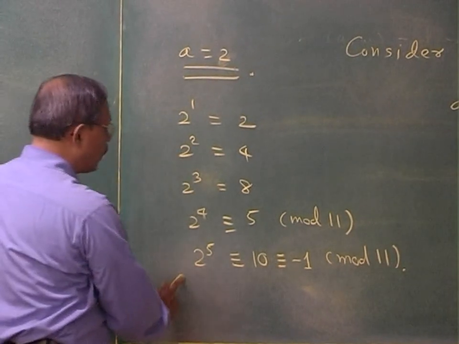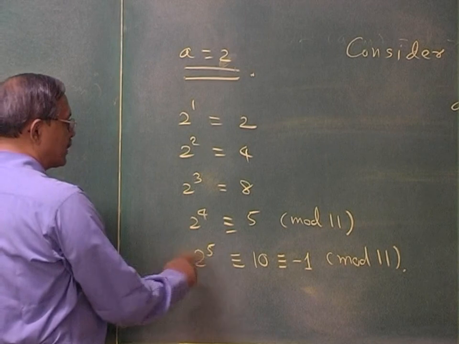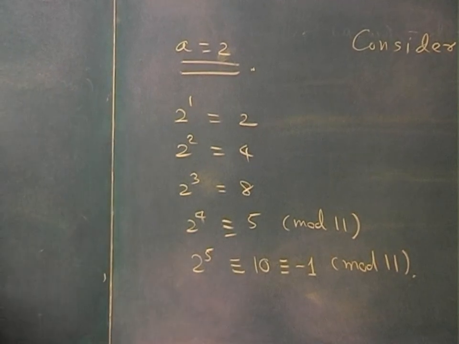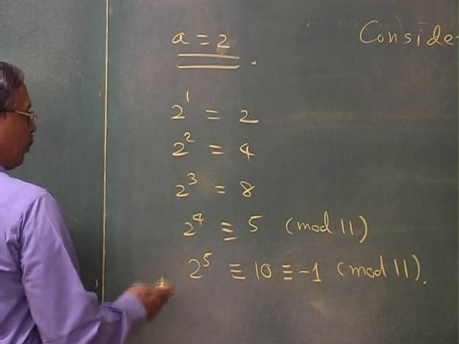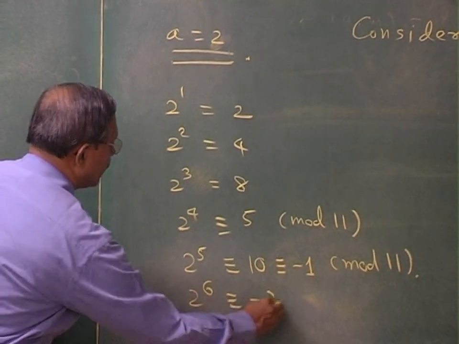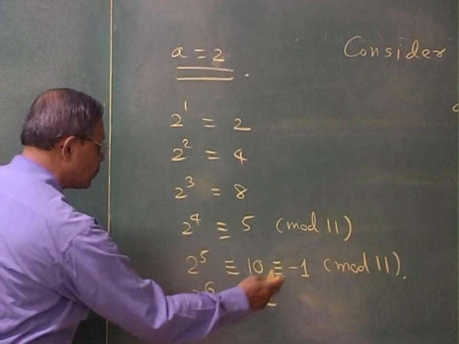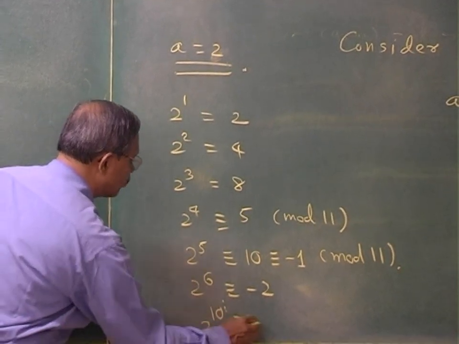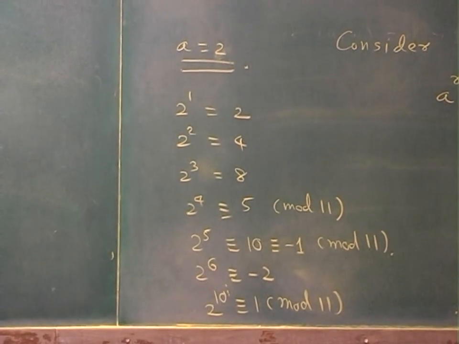Still we have not got 1 anytime. If I go to the next power, 2 raised to 6 is minus 1 times 2, so minus 2, that is also not 1. If you make a table of higher powers, 2 raised to 6 will be minus 2, and minus 4, minus 8, minus 5 and plus 1. So going ahead you will get 2 raised to 10 is congruent to 1 mod 11, and 10 is the least with this property.